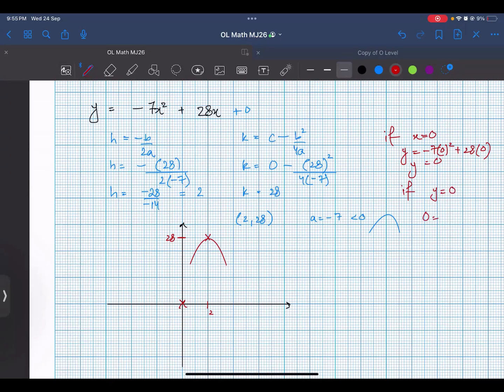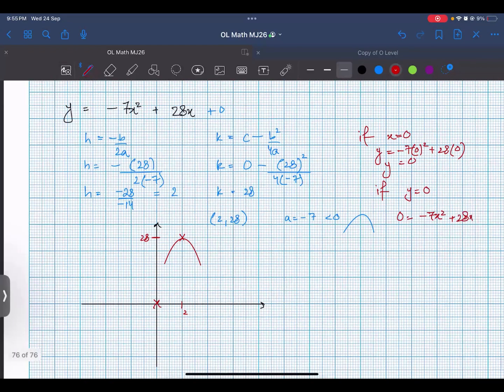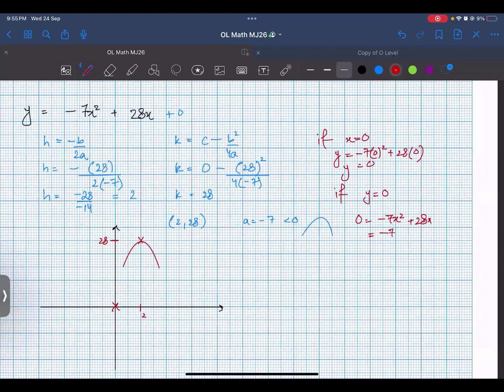So when y is 0, this becomes minus 7x squared plus 28x equals 0. Take minus 7x common, we get minus 7x times x minus 4. Then you equate both the factors to 0. So minus 7x equals 0, and x minus 4 equals 0. So x is 0 and x is 4.